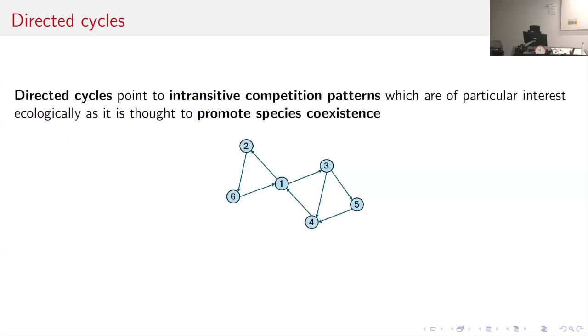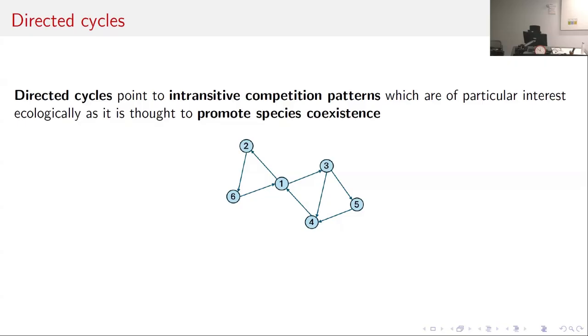A type of competition structure that we can represent in a network is the intransitive competition pattern. We can represent this type of competition through directed cycles. An intransitive competition pattern is when no species outcompetes any other species, as we describe also with this illustration.